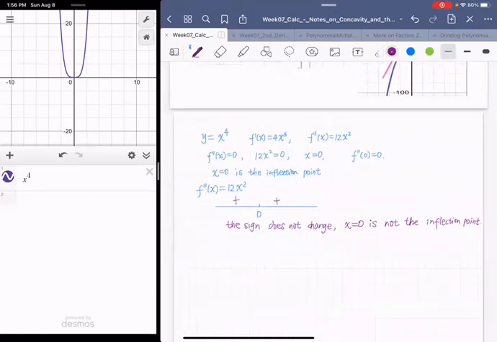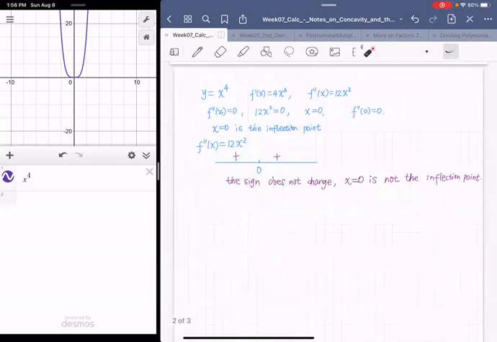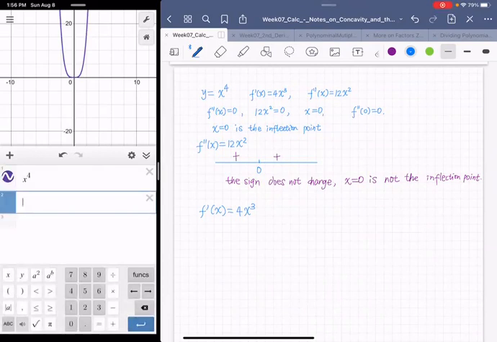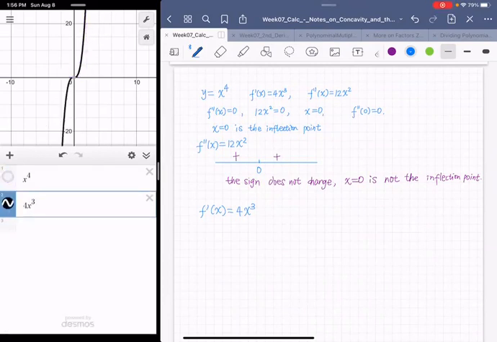We can also check, if you don't like using the second derivative sign chart to tell if the sign changes or not, you can also run the first derivative. The first derivative is 4x cubed, okay?